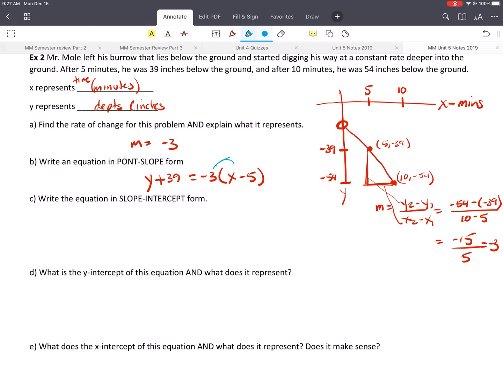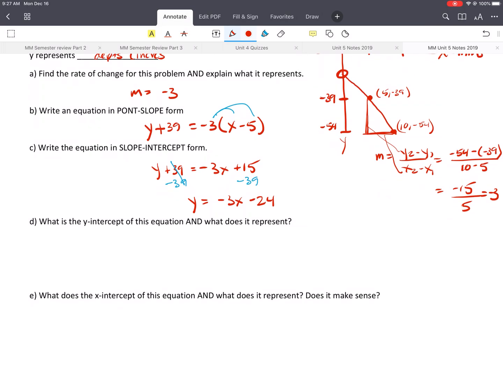Okay, we would distribute, so that would give us negative 3x plus 15. And then we would need to subtract 39 from both sides. Okay, we'd end up getting y equals negative 3x, so that's basically saying every minute he digs, he goes down 3 inches. And then we have our b, which would be negative 24.